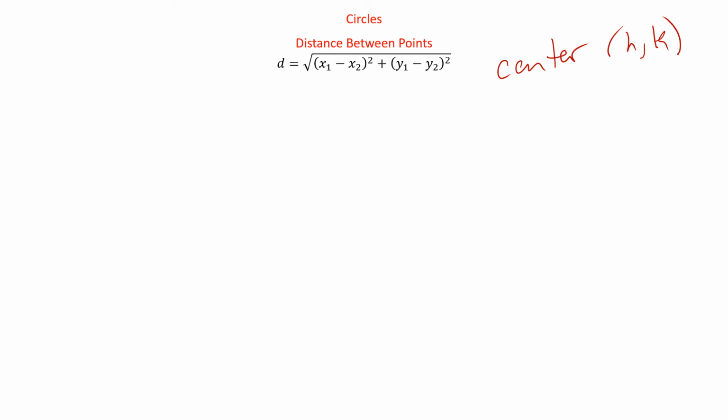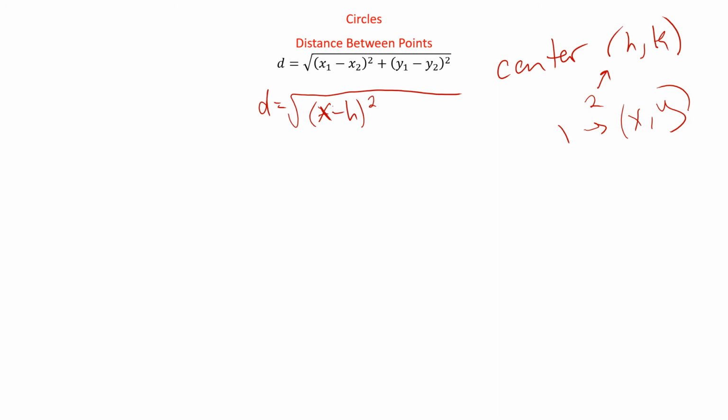So instead of a specific x1, y1 for point 1, we're going to make it just x comma y, to make them variables as opposed to a specific point, and we're going to plug those in. So our distance is now equal to the square root of (x minus h) squared plus (y minus k) squared, which is all fine and dandy, except that we don't want a big square root sign.